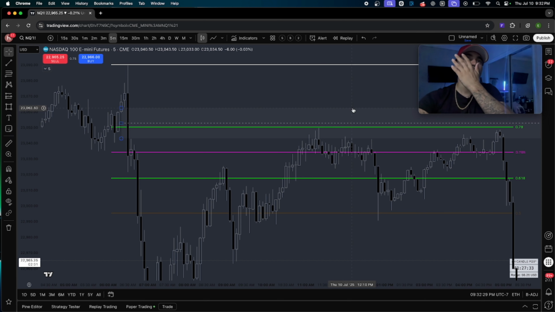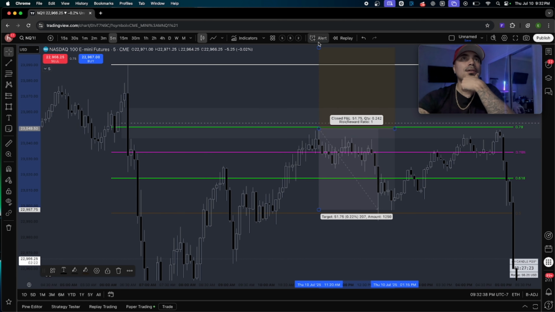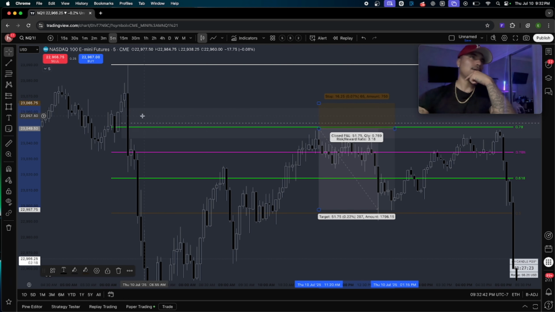So that's why I held on to this, because once I see price like this, that's why my trade was the way it was. I didn't even have a stop loss, to be honest. I had a mental stop loss, and at one point my stop loss was above the fair value gap. Obviously the play is invalid if price pushes all the way through and fills it up.